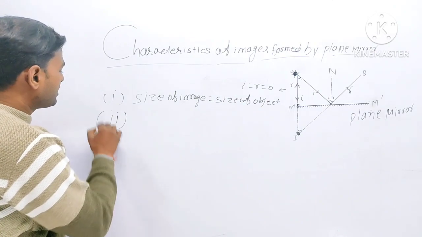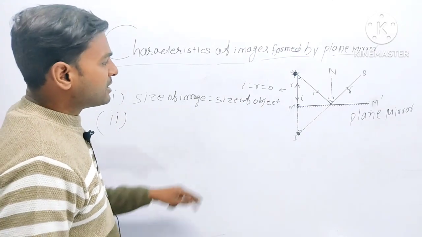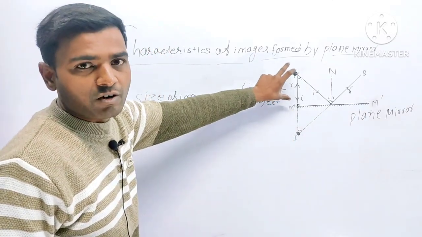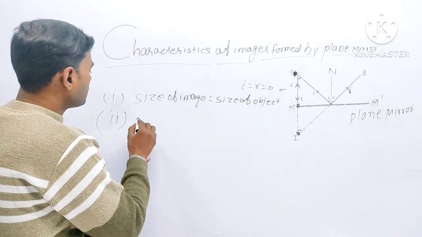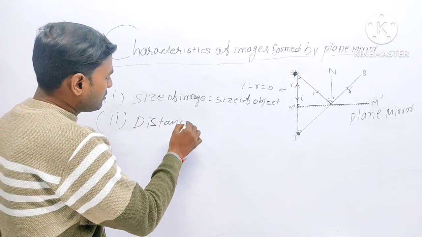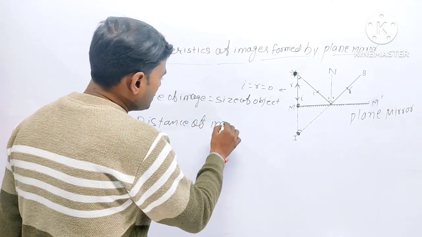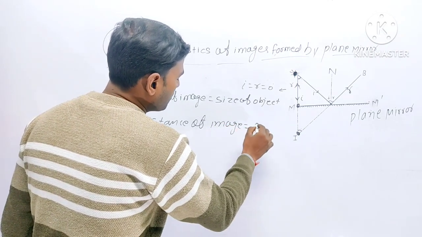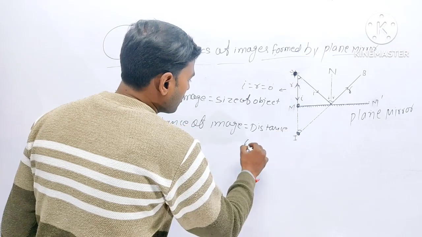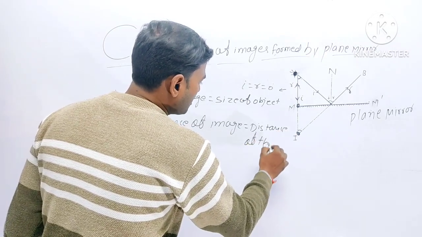The second characteristic is that the distance of the image equals the distance of the object.